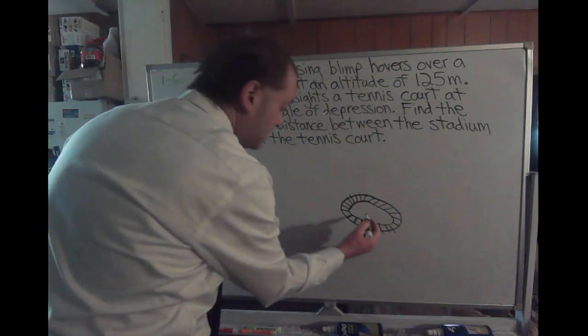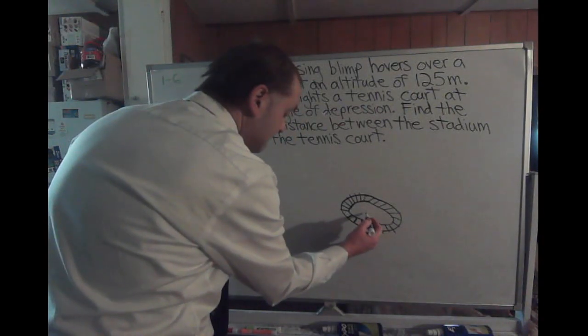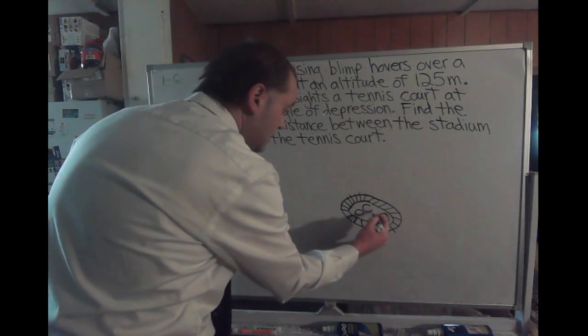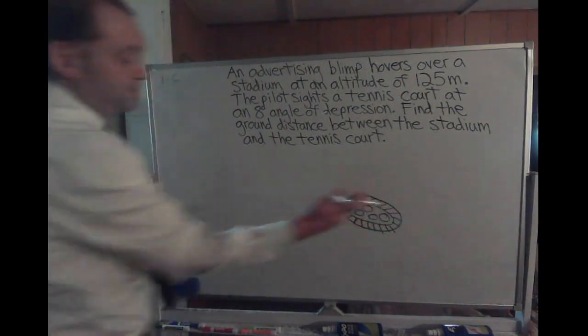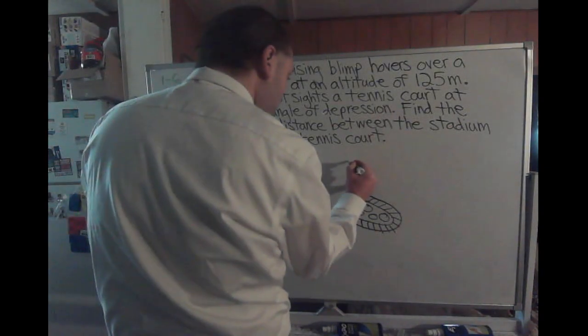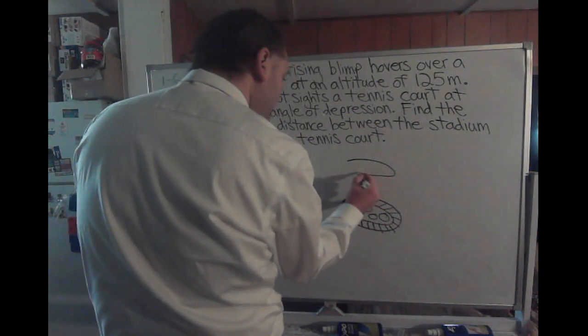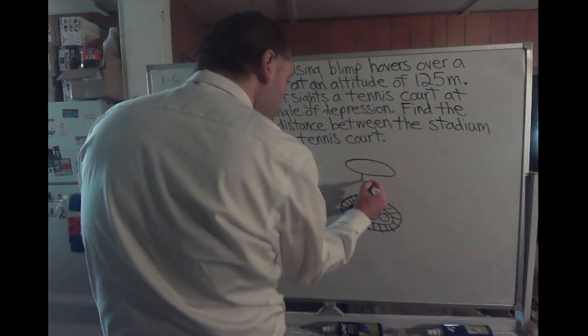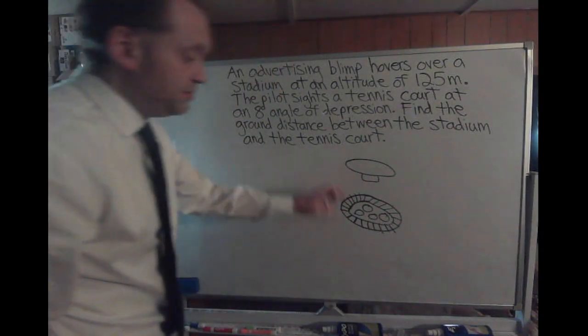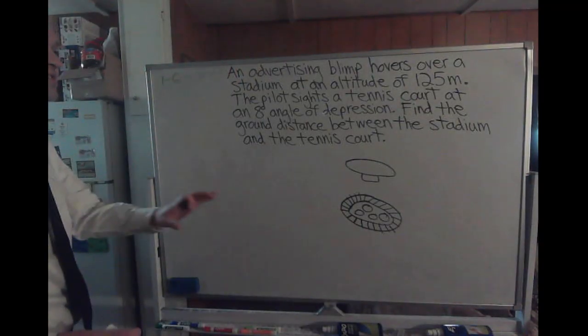Not the best, but I just draw some things here for the stadium. Overhead, we'll have the blimp up here, okay? We have a blimp and then we got the stadium. It's flying over the stadium.